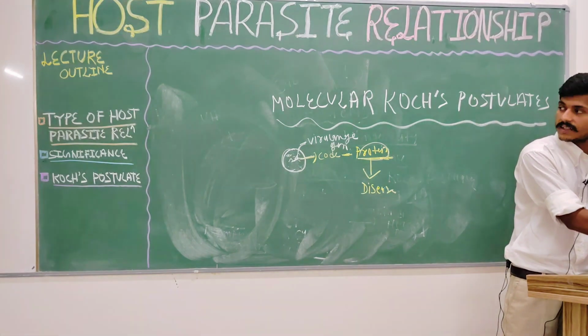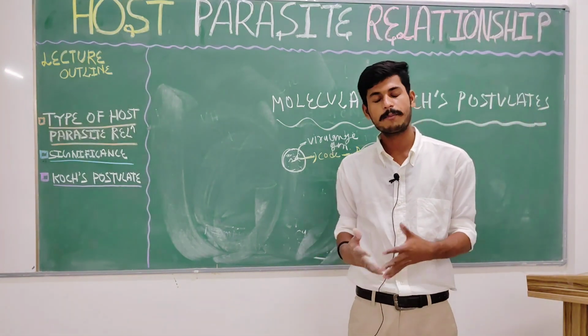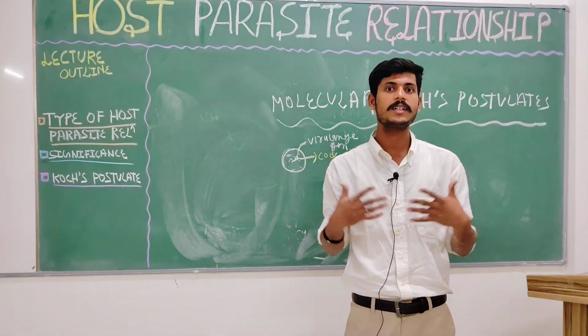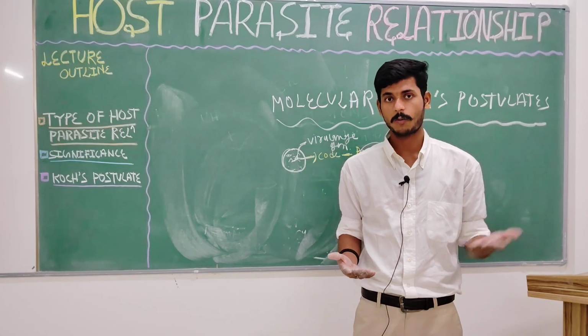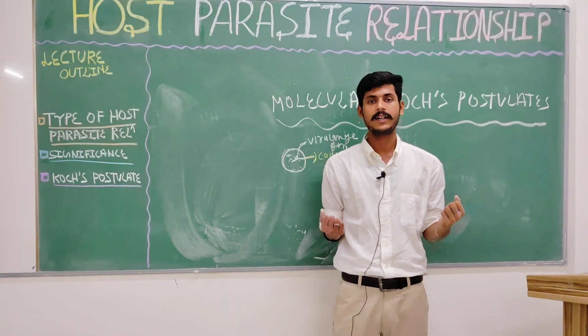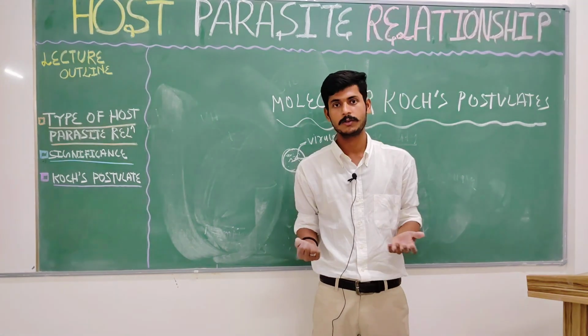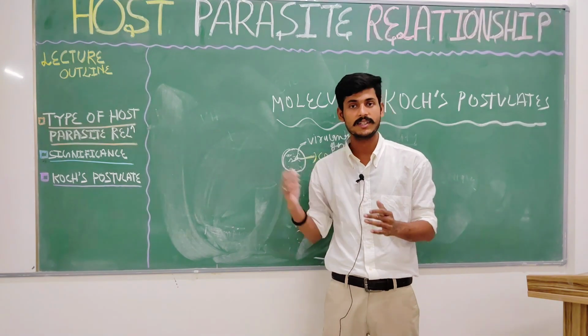So now let's summarize what we have studied. In today's lecture we studied the types of host-parasite interaction. We've seen different types of interaction, starting from mutualism, commensalism, parasitism, symbiosis, and other interactions also. Then we studied what the use of understanding all these interactions is, the significances.